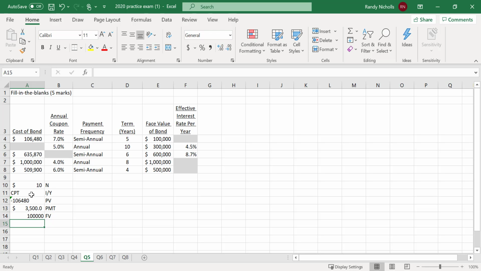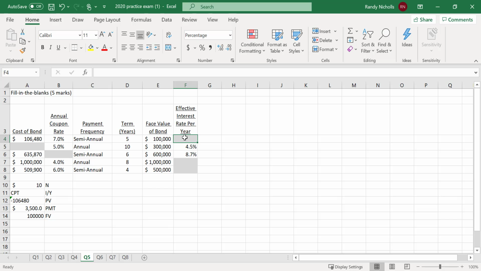I dump those things in my calculator, so 10 is N, 106,480 negative is PV, 3,500 is payment, 100,000 is the future value, and I go compute IY, and I get 2.75.